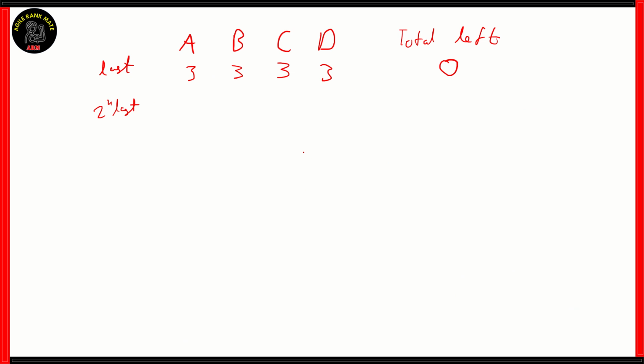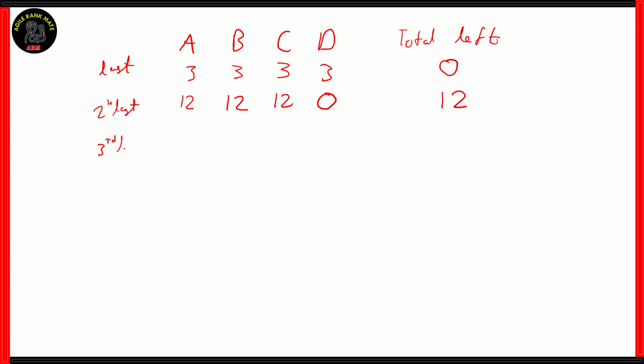So if you look at the question, the total of the share of A, B, C, and D in the last scenario is 12. And that was the share given for D in the second last scenario. So A would eat a total of 12, B would eat a total of 12, and C would also eat a total of 12. D would not be eating it because he wasn't there, and the total left would have been 12.